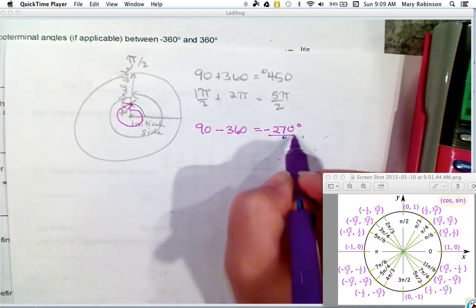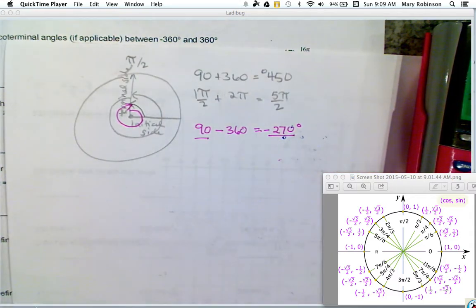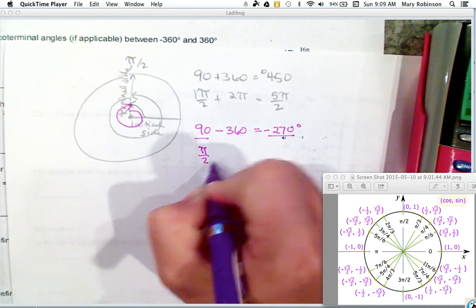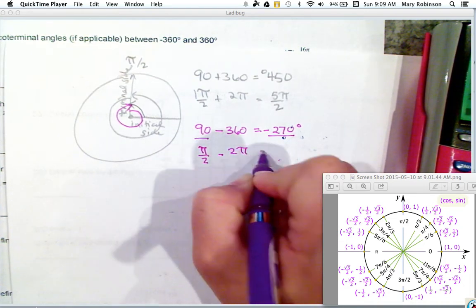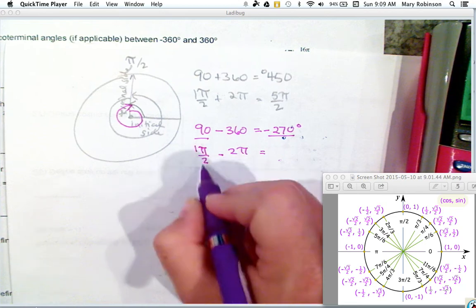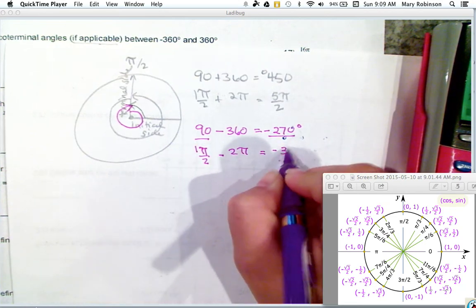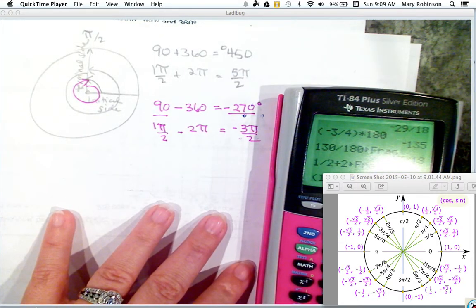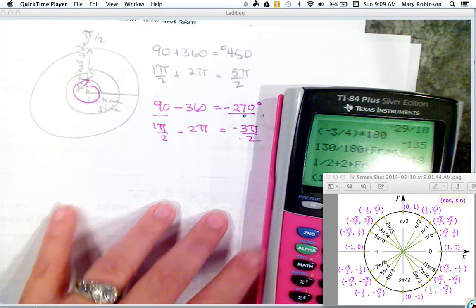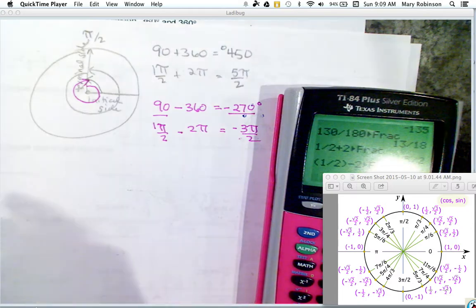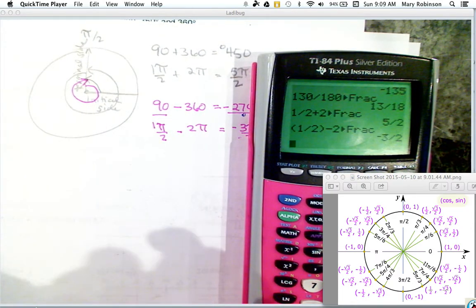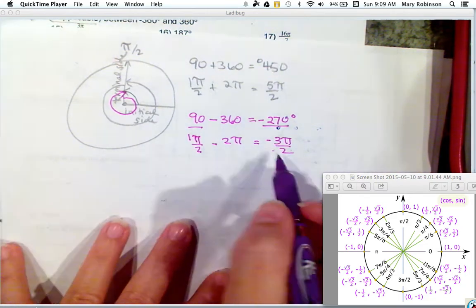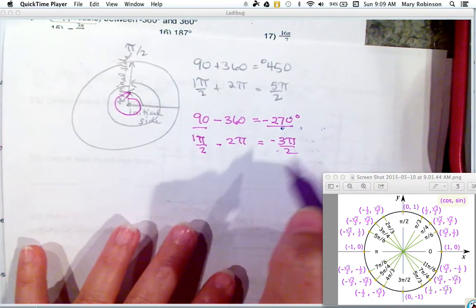So negative 270 is a coterminal angle with 90 degrees. If I do this in radians, that would be pi over 2 subtract 2 pi. Hopefully you see that that's 1/2 minus 2, which would be negative 3/2, or again, you could type it in your calculator. 1/2 subtract 2, math, enter, and we get negative 3/2. So negative 3/2 pi is also a coterminal angle with pi over 2.